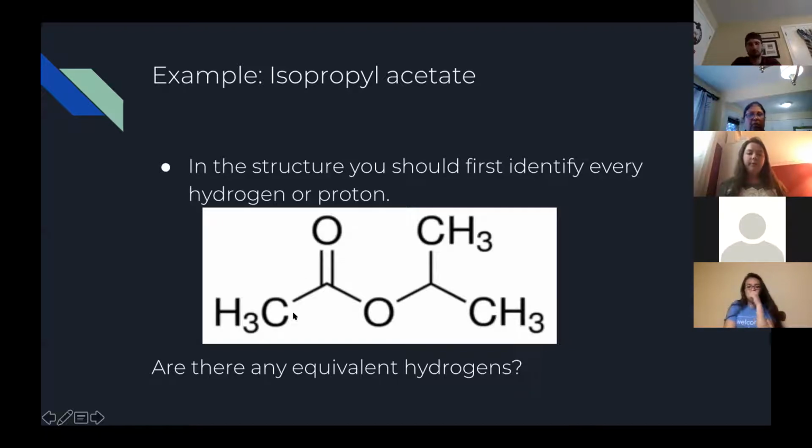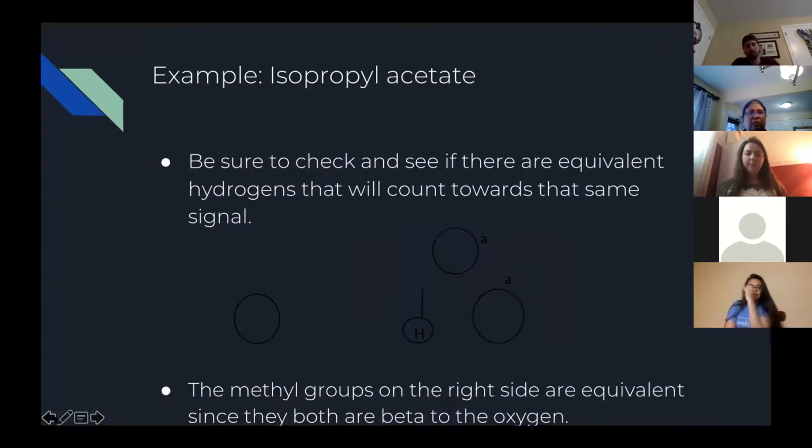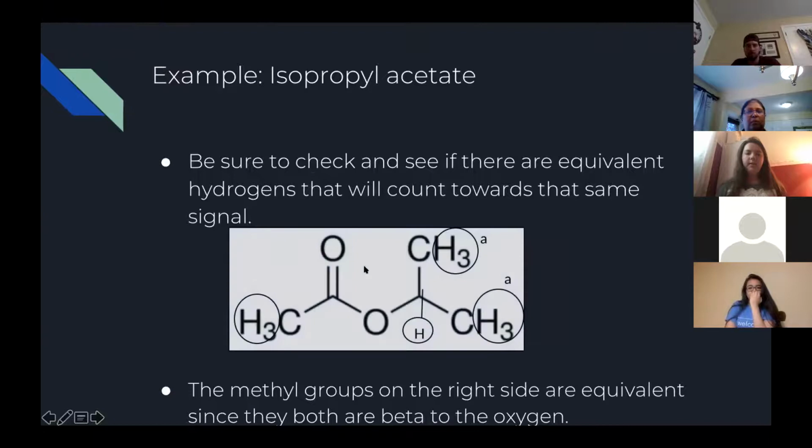If we look at this molecule, you can see that first I just went through and circled all the different hydrogens, the protons, and where they were. This one obviously doesn't have hydrogen because there's 4 bonds there, but we have this methyl group here that's near the carbonyl.